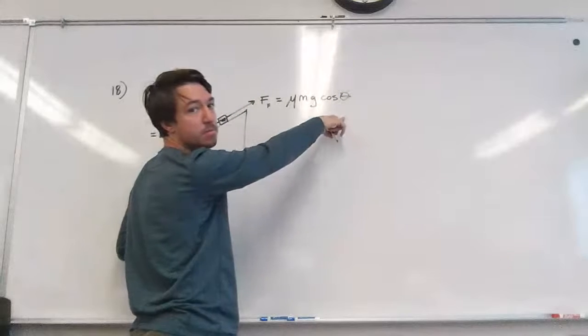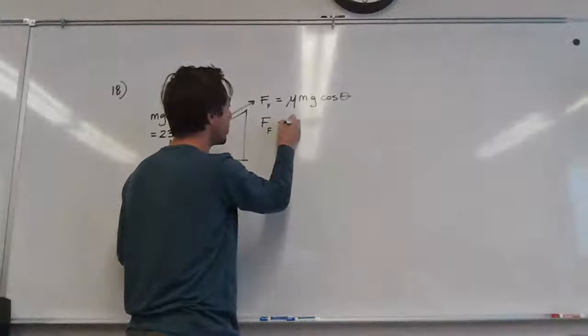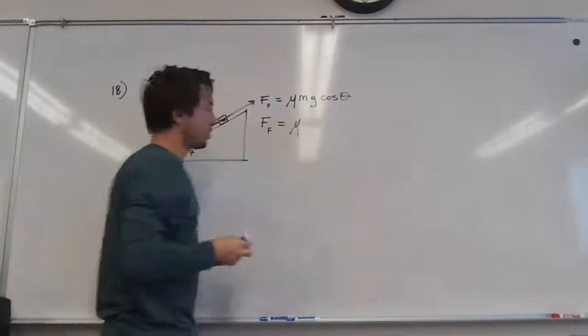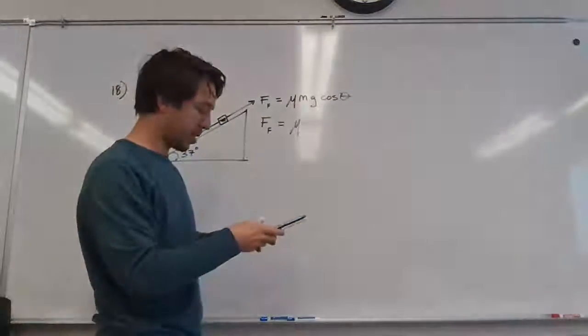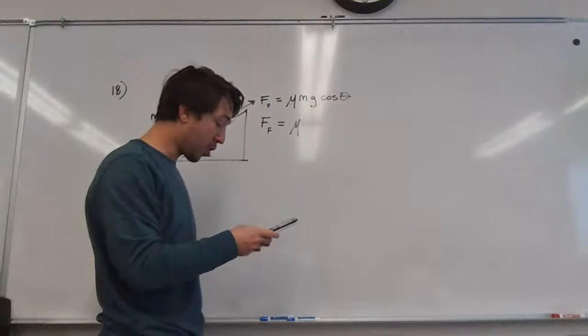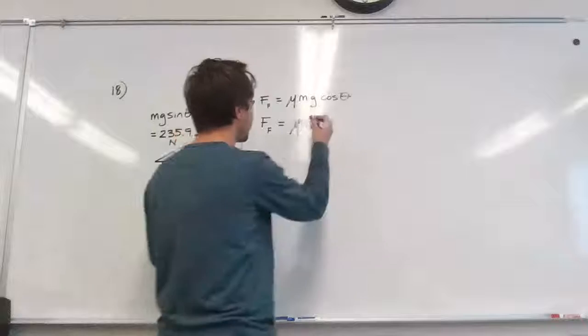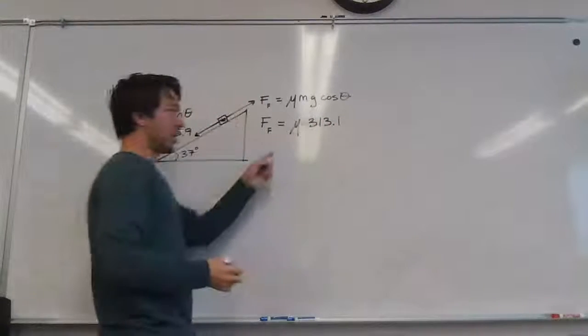Let's calculate that. 40 times 9.8 times the cosine of 37 is roughly 313.1. Is everyone okay with that?